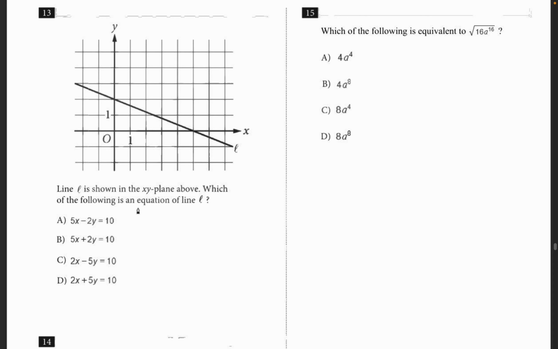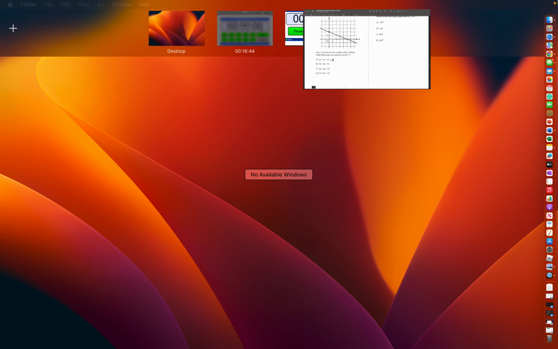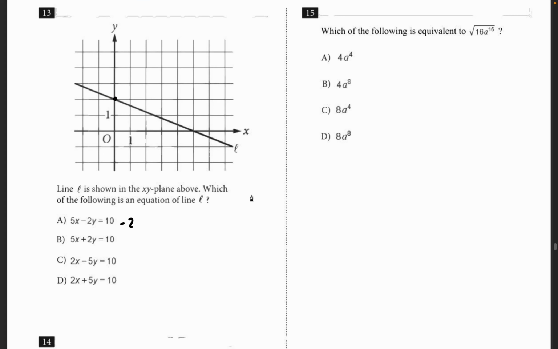Line L is shown in the xy-plane. Which of the following is an equation of line L? So we have a y-intercept of 2, right? Minus 5x minus 5. So let's say this will be negative. Do we have time? Yeah, we have time. Negative 2y equals 10 minus 5x. Divide this by negative 2, you get a negative y-intercept. This one, minus 5x.